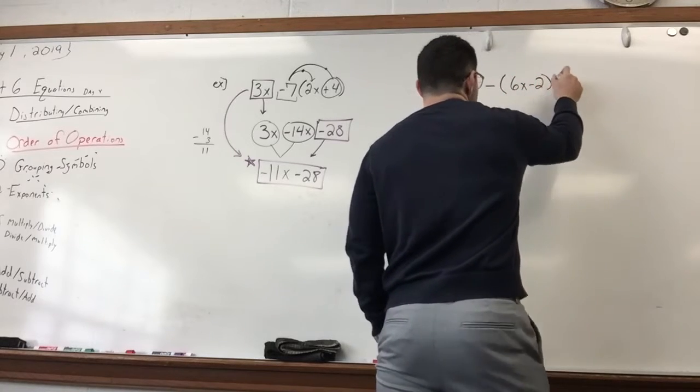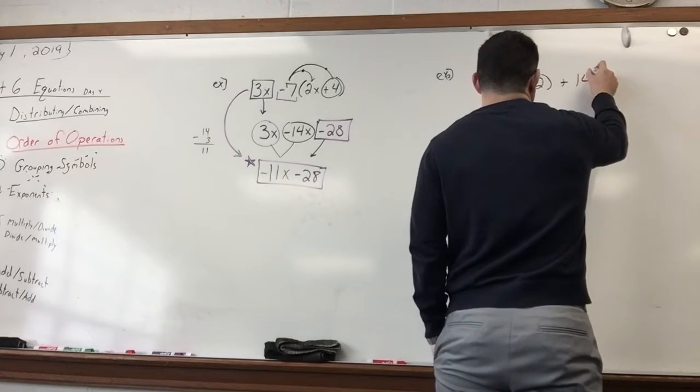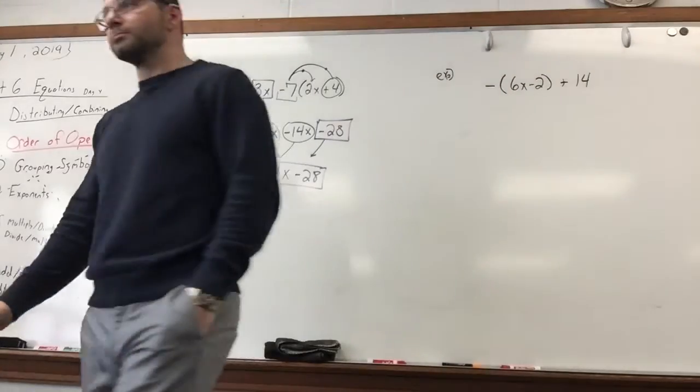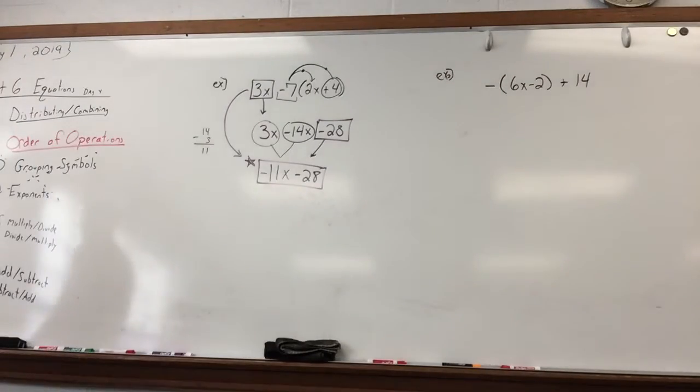-6x minus 2 plus 14. Okay, Cole. Is there anything that I need to do inside of my grouping symbols? No, because I can't add my x's in my constant. Okay? Are there any exponents, Cole?